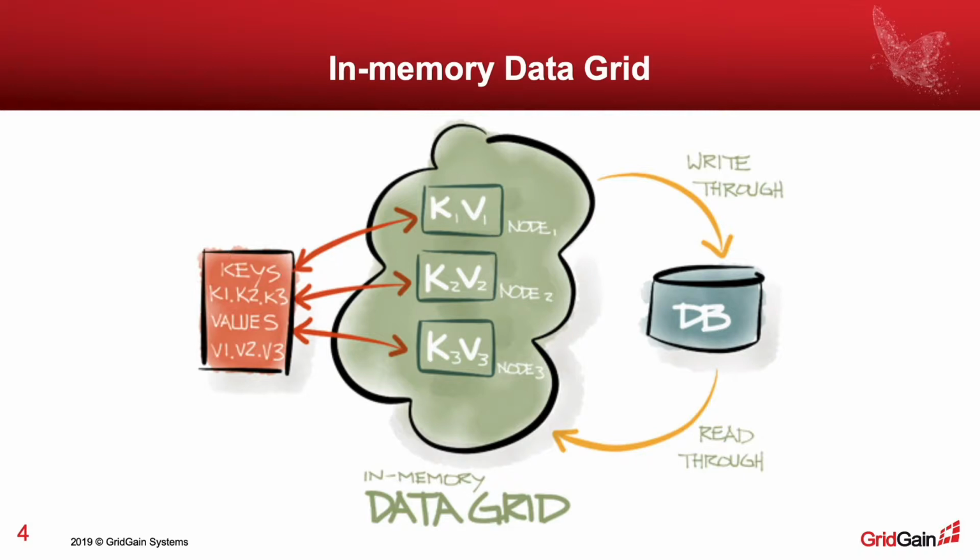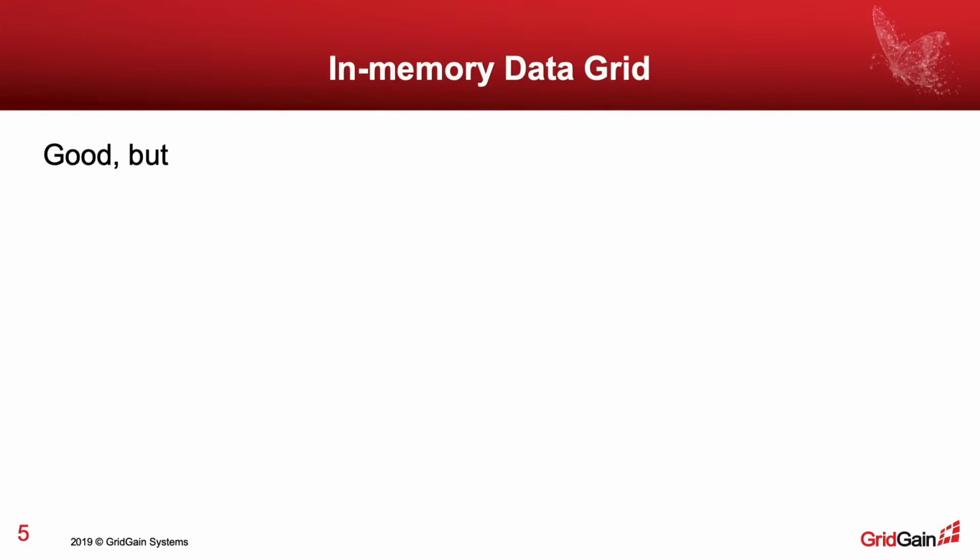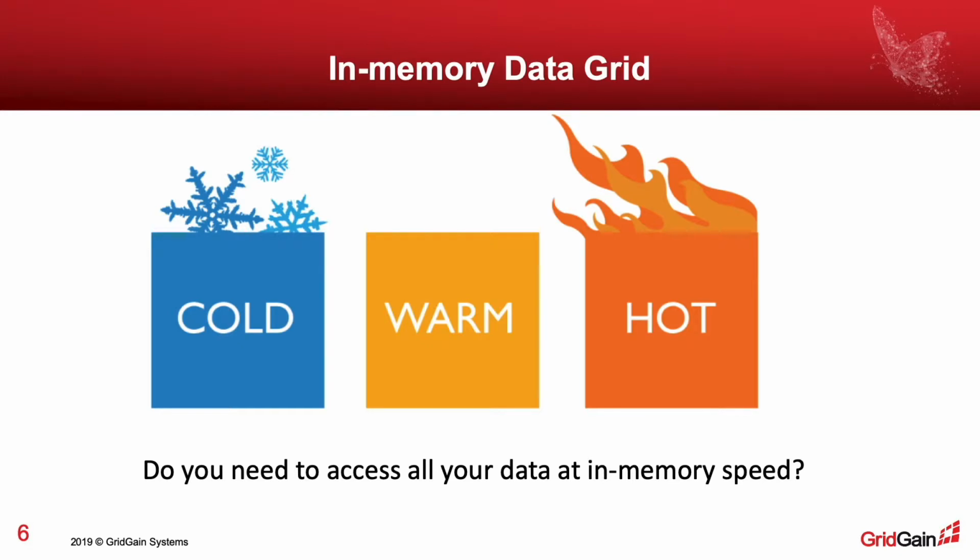And you can use a data grid as a cache to third-party storage. You can use a separate database and work with the data grid in write-through or read-through mode. This is awesome, but you may experience some disadvantages. First of all, if you decide to store your data in memory, perhaps you don't want to store all of it in memory, because your data may be separated.